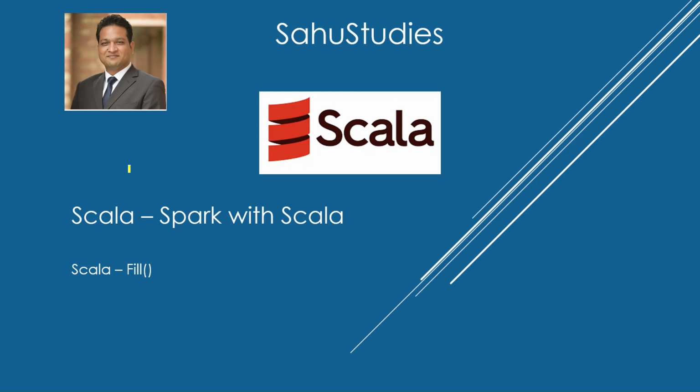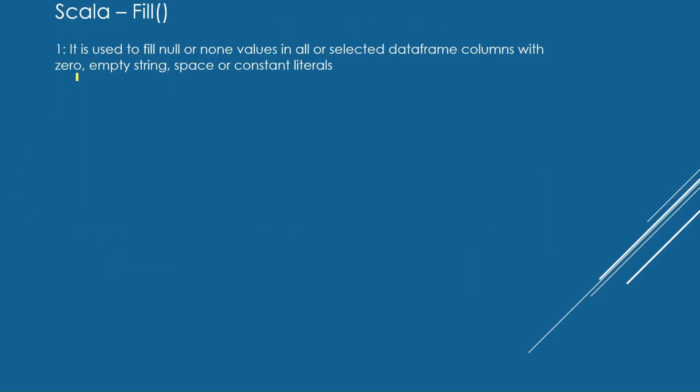In this video, we are going to see how the fill function works in Scala. The fill function is used to fill null or None values in all or selected data frame columns with zero, empty string, space or constant literal.